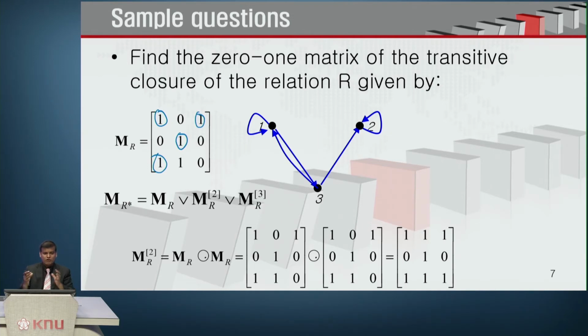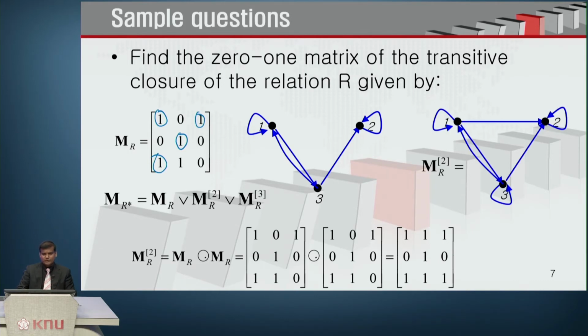We have to multiply M_R times M_R. That's the basic multiplication problem here, and you get the results. Now you've got the results. Why don't you try to draw a graph for this M_R? This is nothing but M_R^2, and based on this matrix we are drawing this graph.